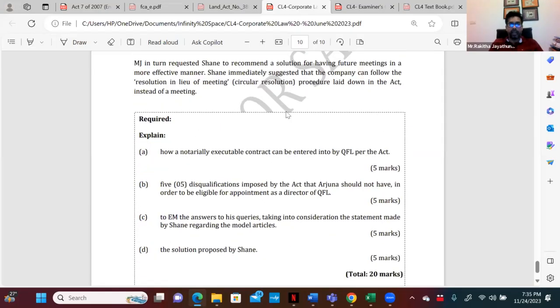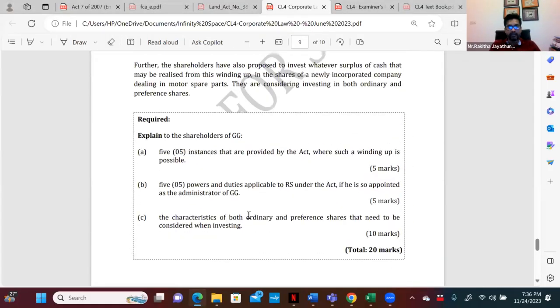So, required. Okay, so there's a question asked now here. It says 10 marks. You don't have to write 10 items because look at the parts.